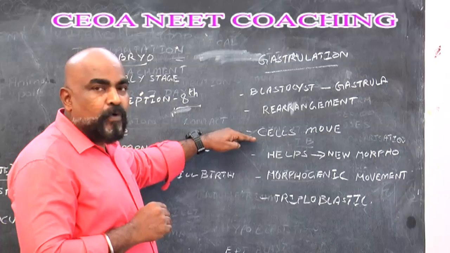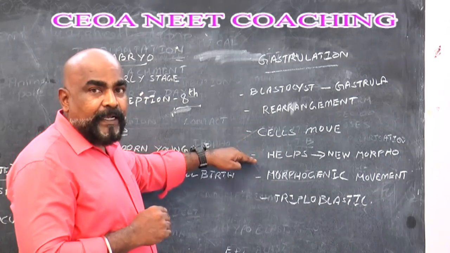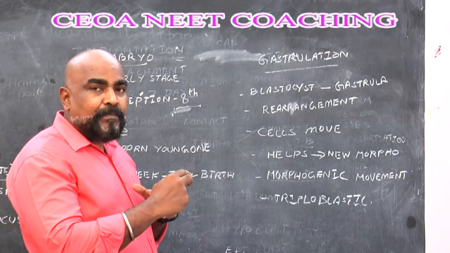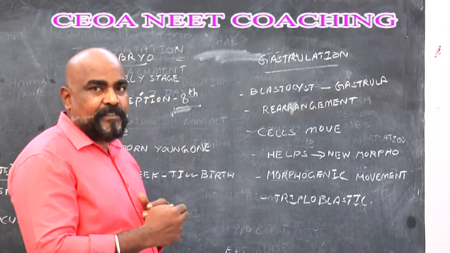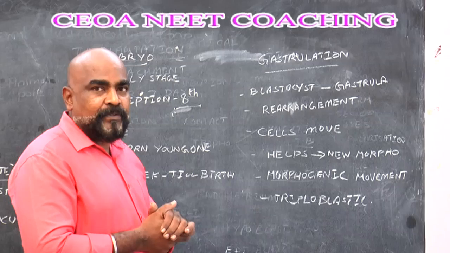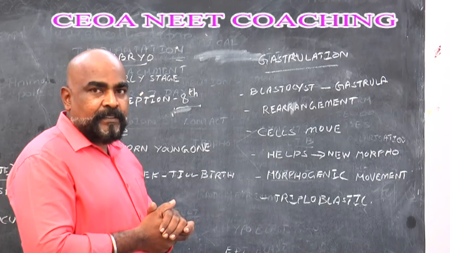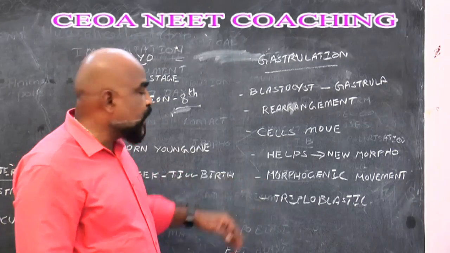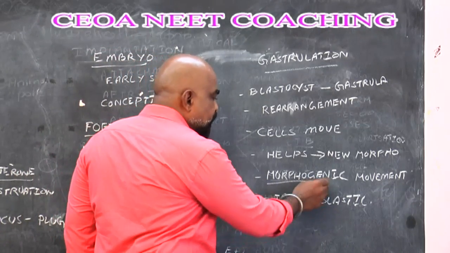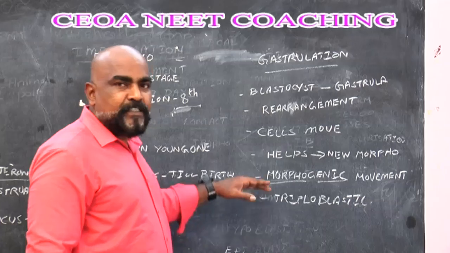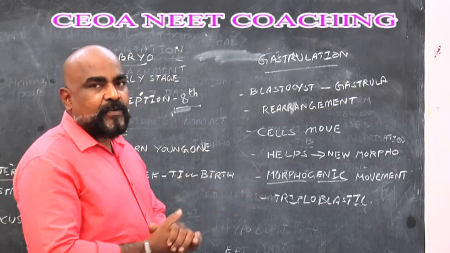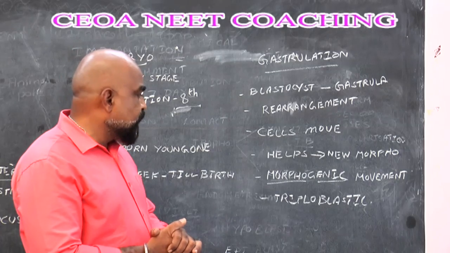Here the cells move, and this movement helps in developing different morphological structures in the developing embryo. Because of this, these movements are called morphogenic movements. Morpho means structure, genic means giving rise to. Since these movements give rise to different structures, they are called morphogenic movements.